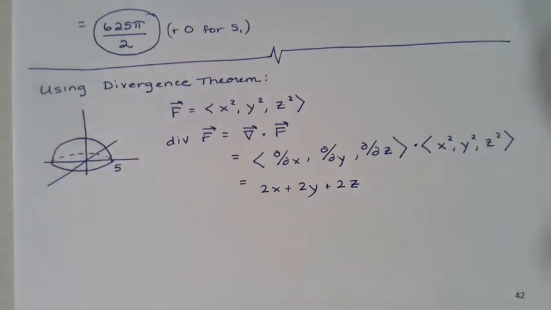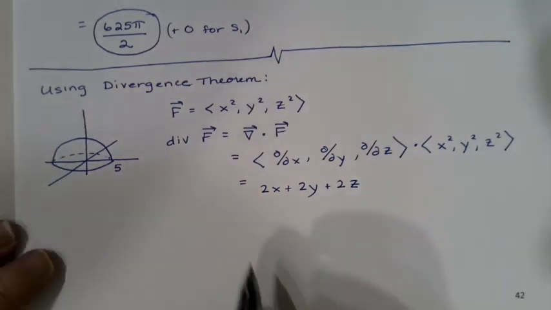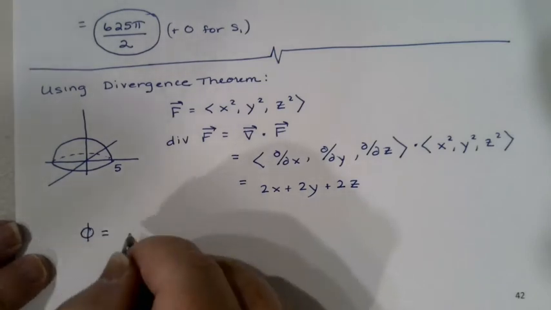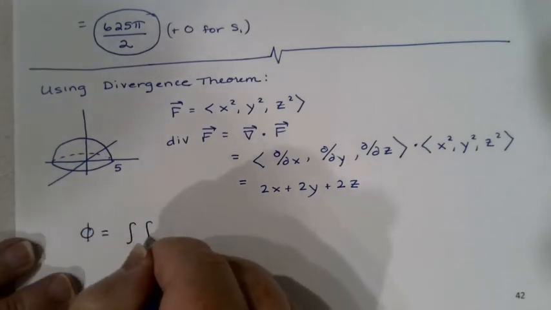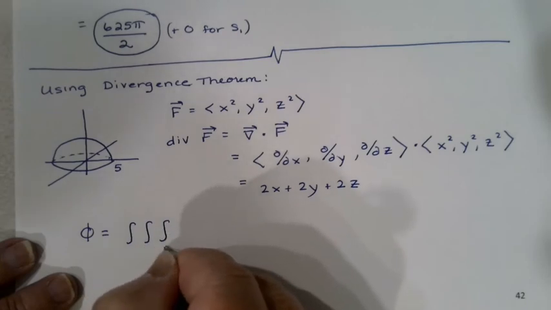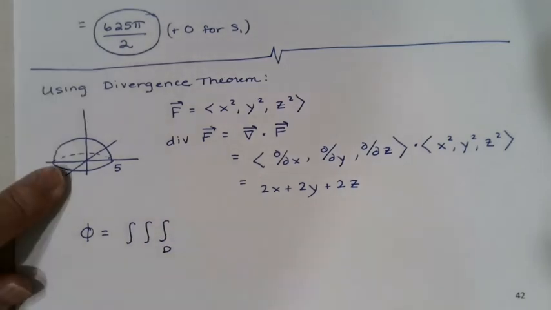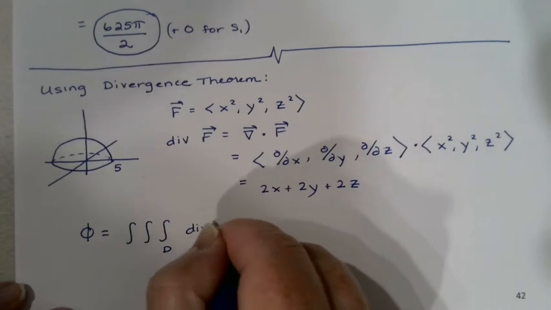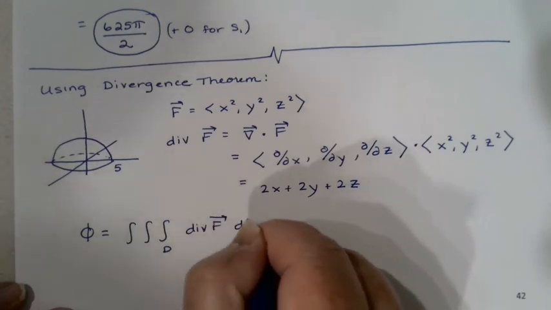So there's my divergence. And the divergence theorem says that we can get the flux just by taking the triple integral over this solid D of the divergence of F dV.